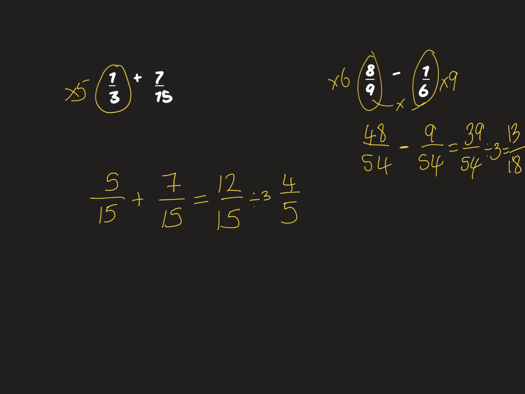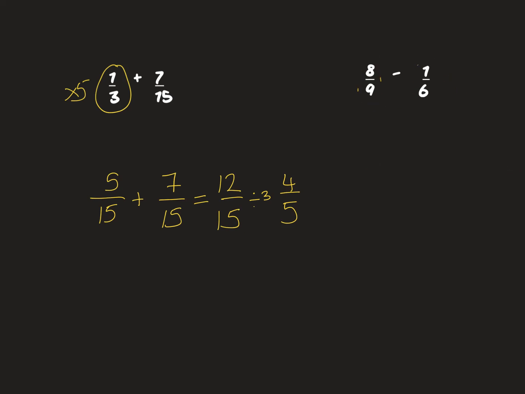And we could actually have a lower common denominator, because 9 and 6 both are, if you think about the lowest common multiple, 9 times 2 is 18, and 6 times 3 is 18.